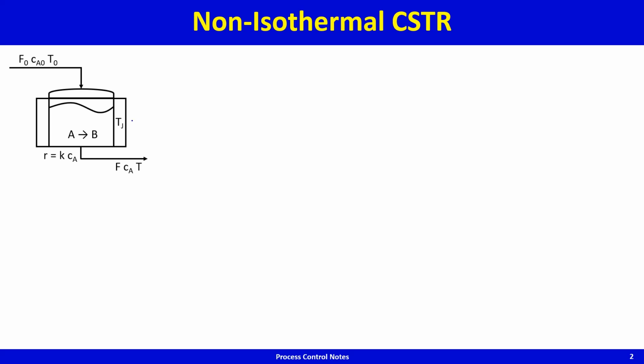So what we have is the reaction A goes to B occurring in the liquid phase CSTR, and there is a jacket, and we are assuming that the jacket has a constant temperature Tj. This is a good assumption because in practice coolant is circulated in the jacket by a high throughput pump.